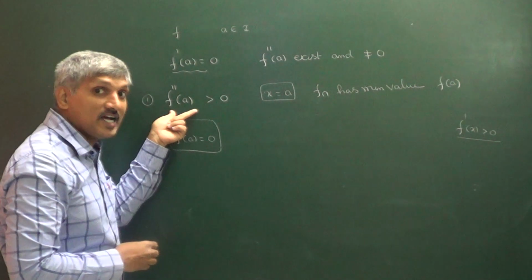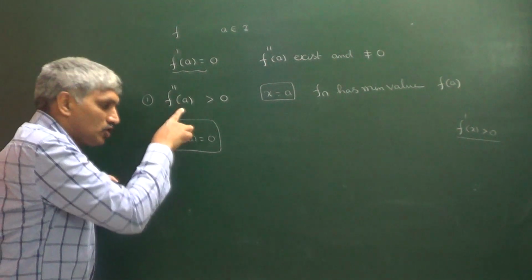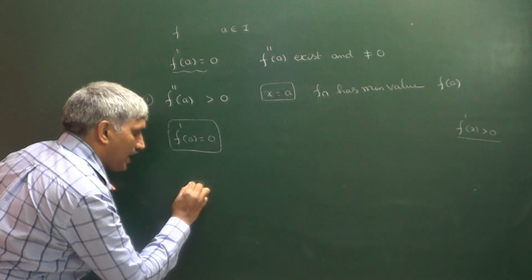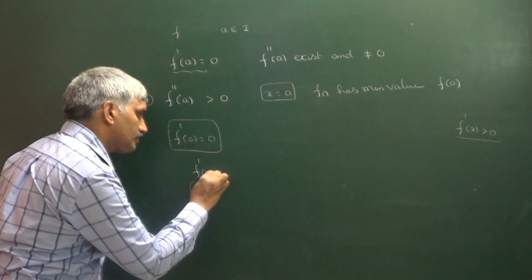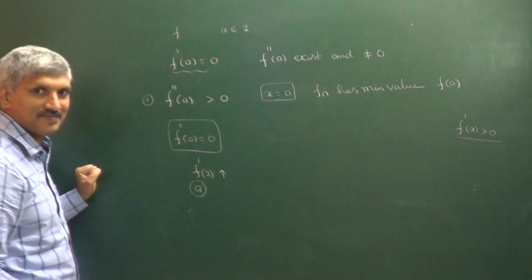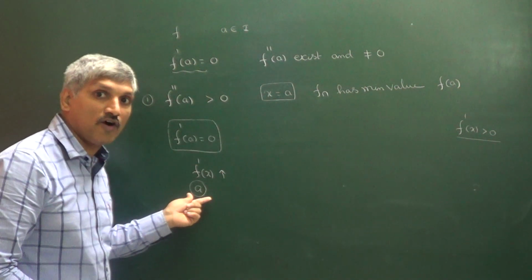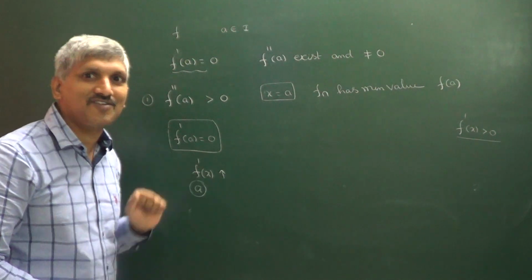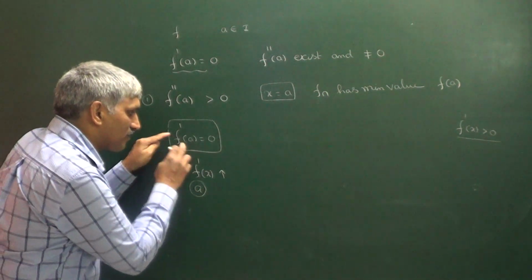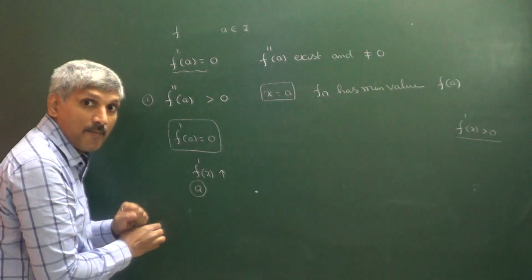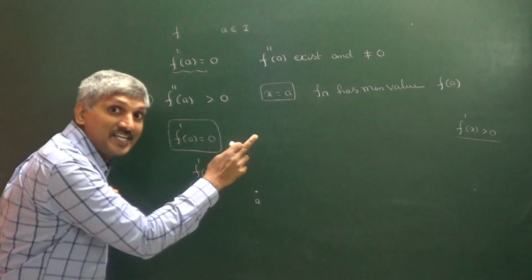Now, f double dash of a greater than 0, what does it mean? f double dash of a greater than 0 means in the neighborhood of a, f dash is an increasing function. But f dash is an increasing function in the neighborhood of a, and we got the f dash of a value equal to 0, but it is an increasing function. Definitely at a we got 0 for f dash, but it is an increasing function.